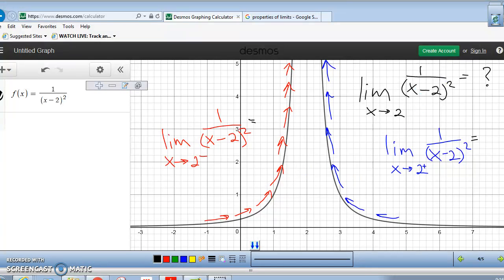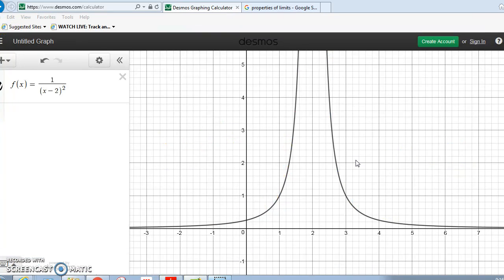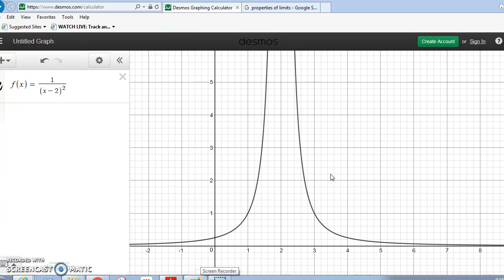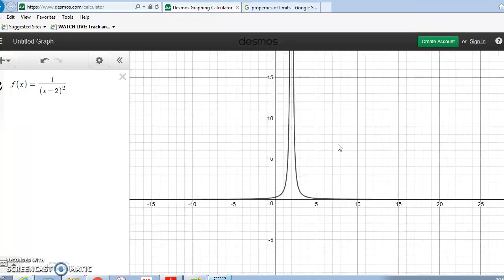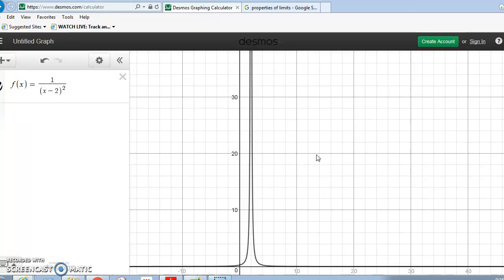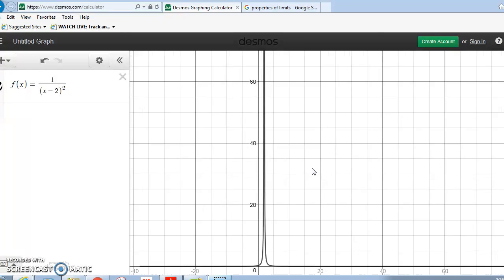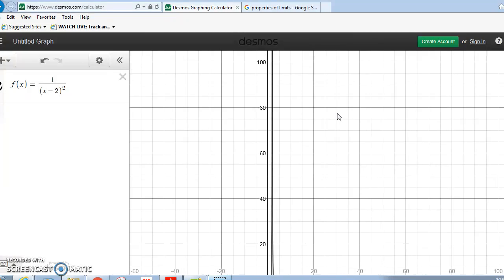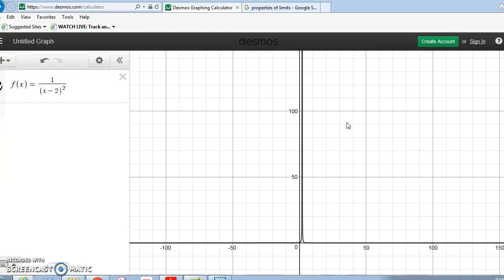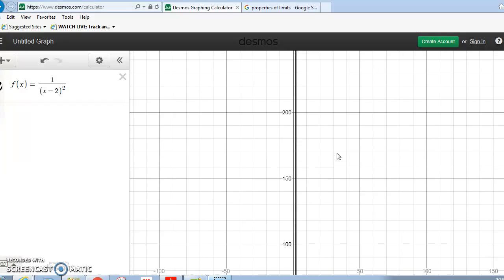Okay, so this graph, if we zoom out, and zoom out, and zoom out, keep on zooming out, you see that it goes to positive infinity. It just keeps on going.